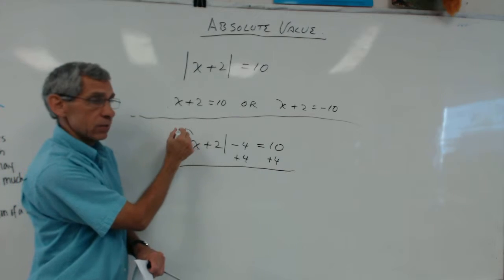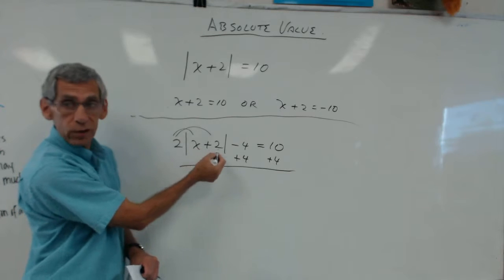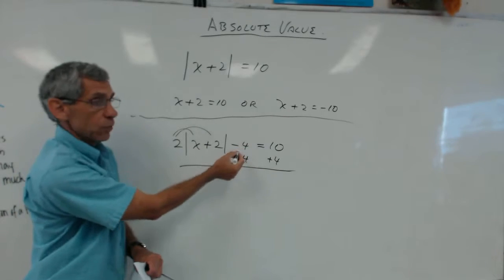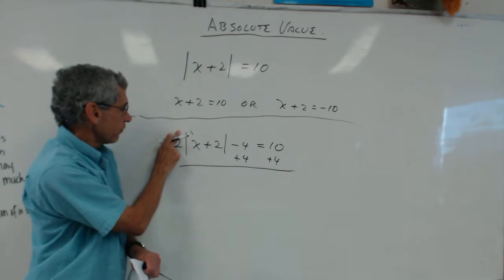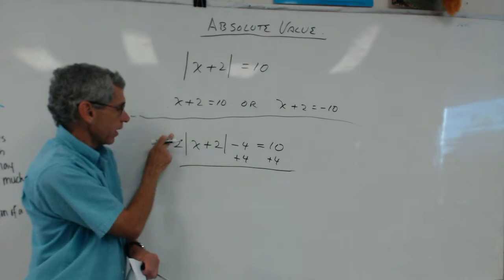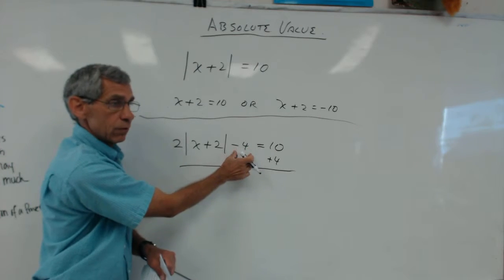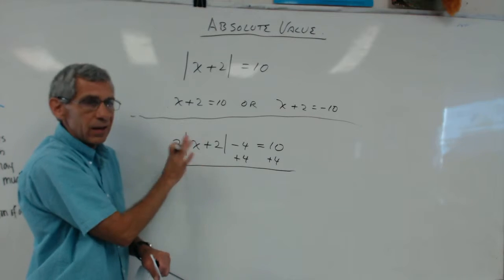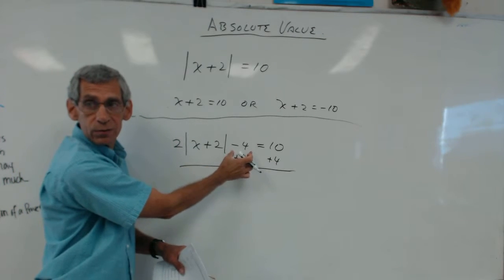I could do this. I could do that, right? And have the absolute value of 2x plus 4 minus 4. That would work. That's legal. But sometimes there's an easier way, and I would still do this. I would get rid of this 4 first. That's always the first thing you do. Because this is being multiplied, I don't want to be dividing anything until I've gotten rid of the plus and minus things.